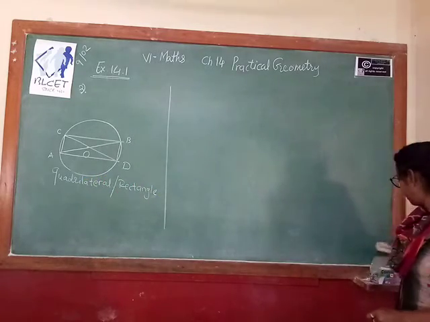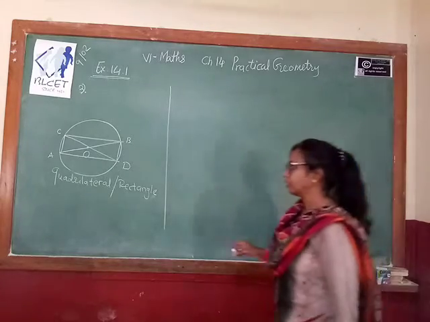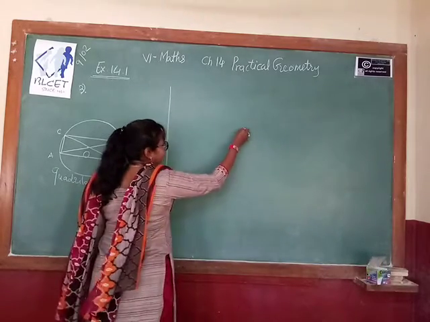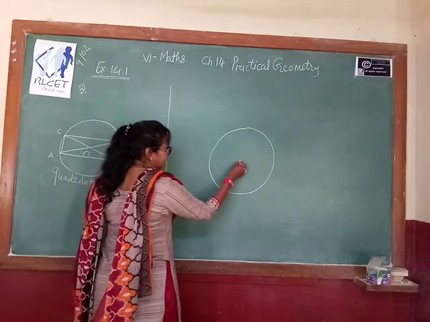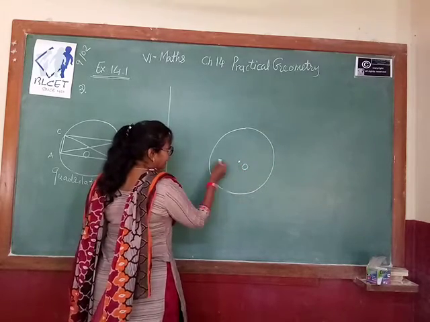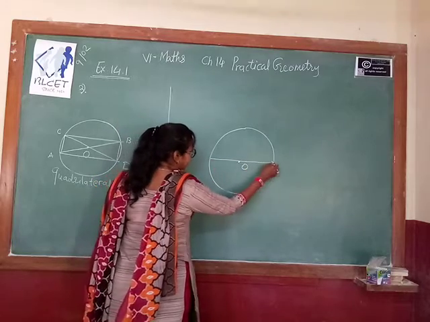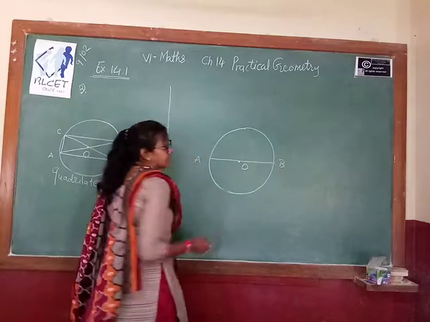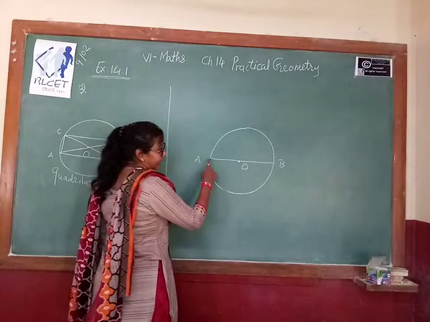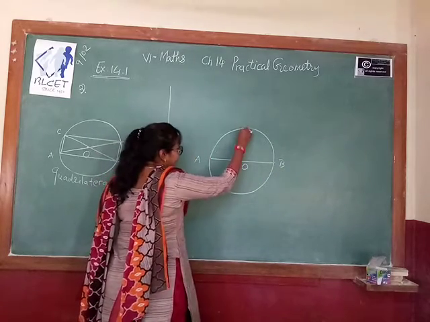What kind of diagram are you getting? So again draw the circle of any radius whose center is O. Now I draw the line segment that passes through the center, that is the one diameter AB. The second diameter intersects this line at 90 degrees.